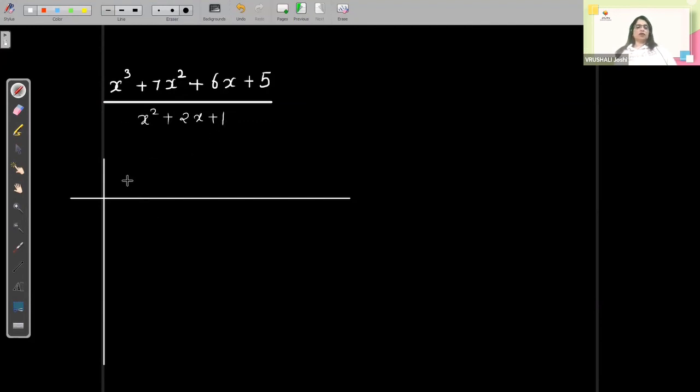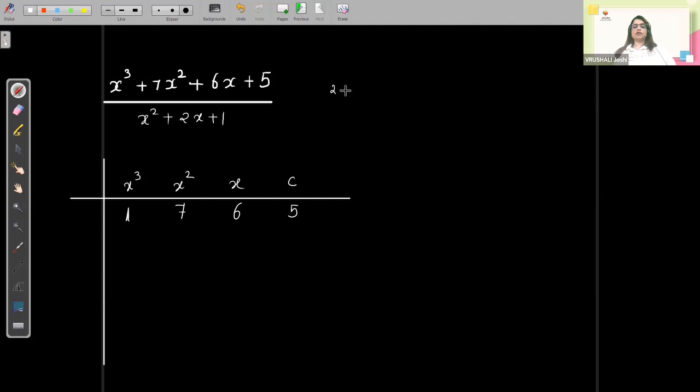Okay. So what is this going to be? You have x cube, then you have x square, then you have x, and you have a constant. So here it will be 1, here it will be 7, here it will be 6, and here it will be 5. And what is the divisor here? Coefficient of x.